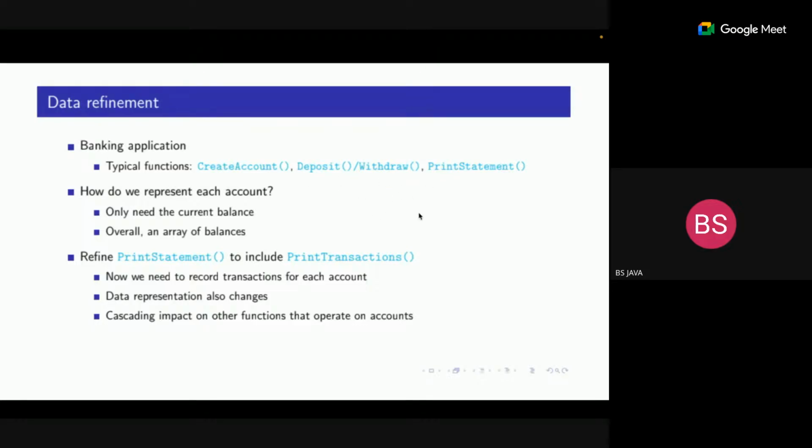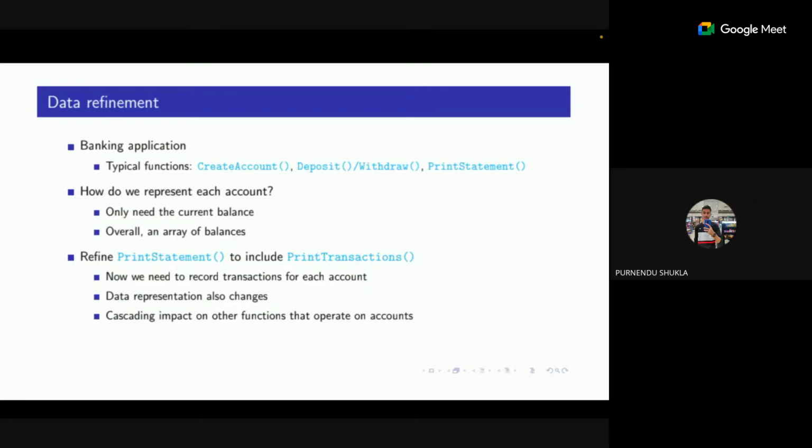So this example was explained by the Prof in the lecture. Should I repeat that, or have you gone through the lecture? Ma'am, I have gone through the lecture, but what sir said is that if we change the functionality that we want, we have to change all the functions.